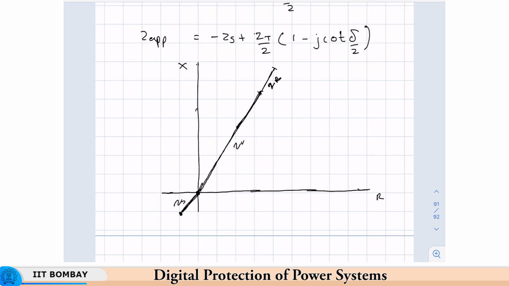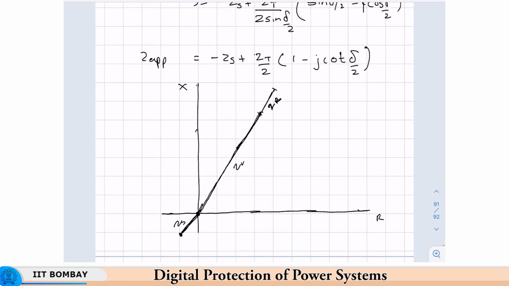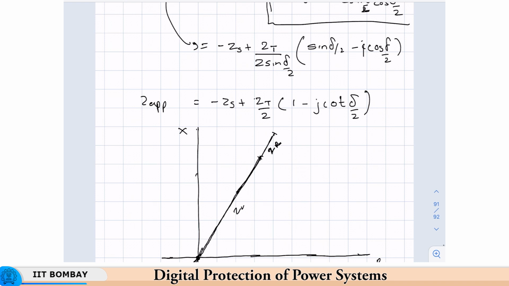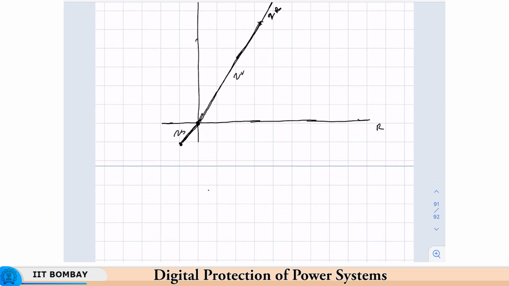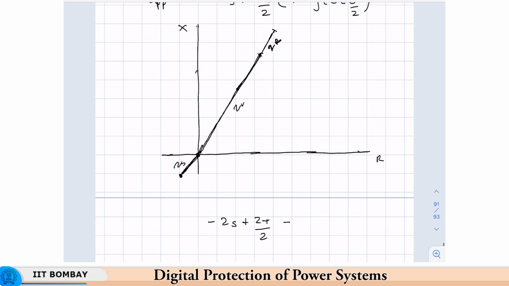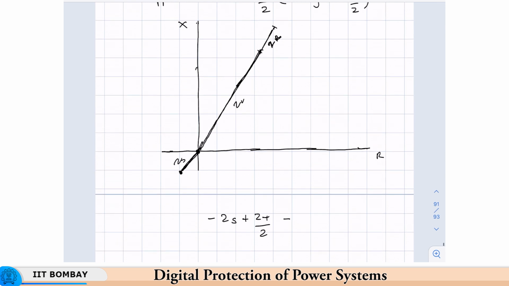Okay. Then you go to Zt by 2. Okay. So, these are two parts. I will write it again here. This is minus Zs, just to make things a bit more clear, and plus Zt by 2 and minus j Zt by 2 cot of delta by 2.